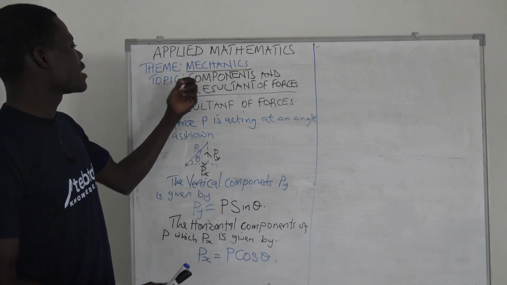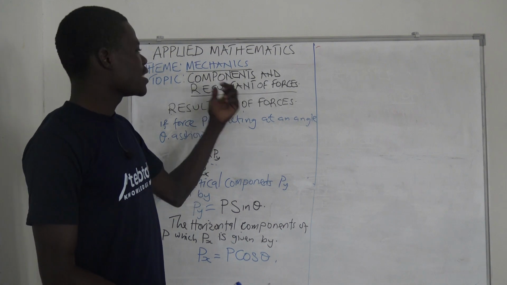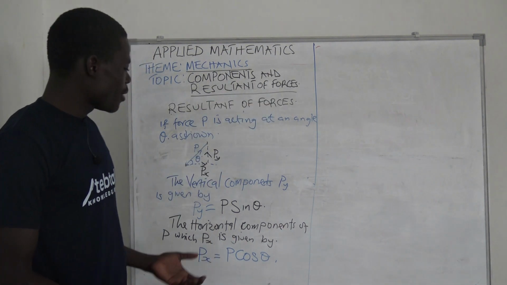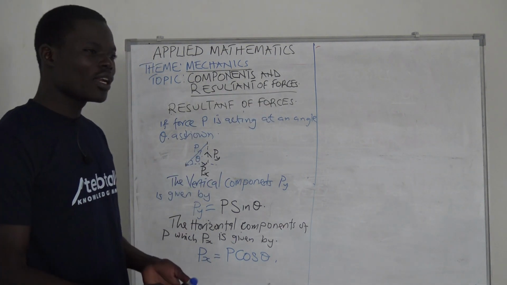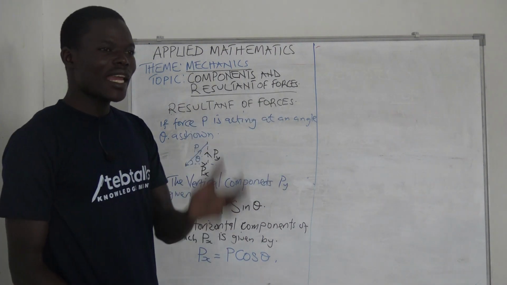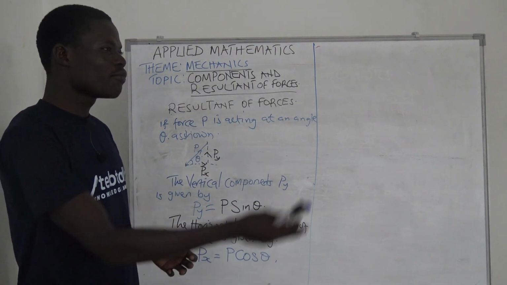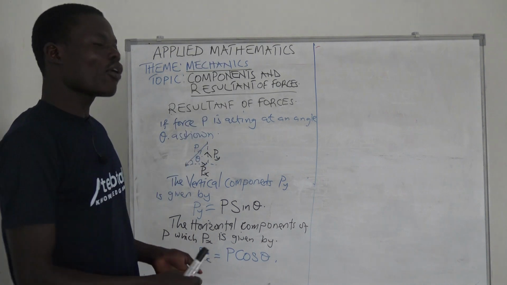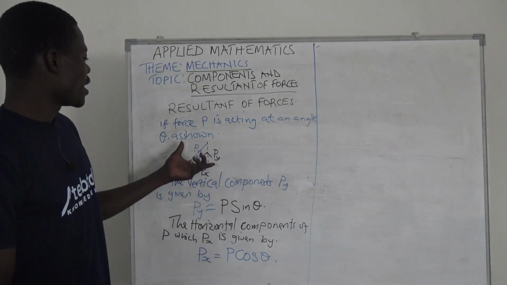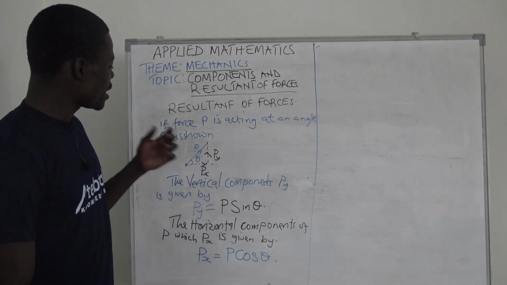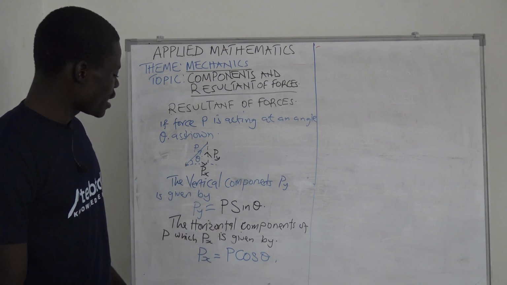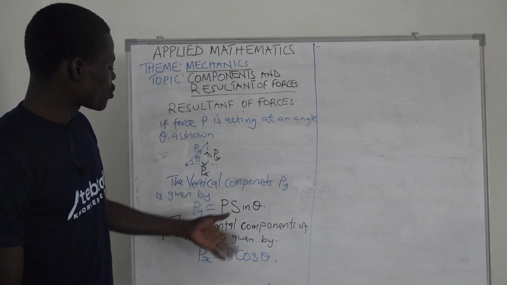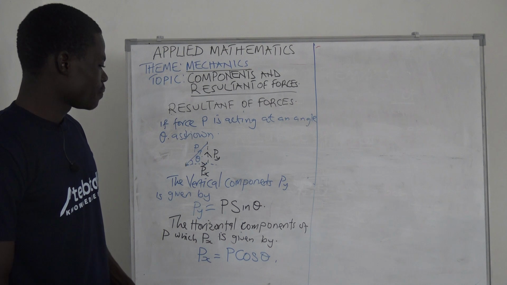Because our topic is saying components and resultant of forces. We have so far looked at how to get the y and x components, which is horizontal and vertical components as shown in this diagram. But let us proceed and see how we are going to get the resultant force out of these forces.